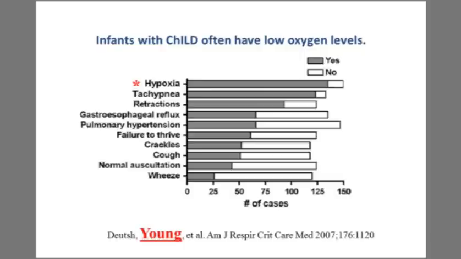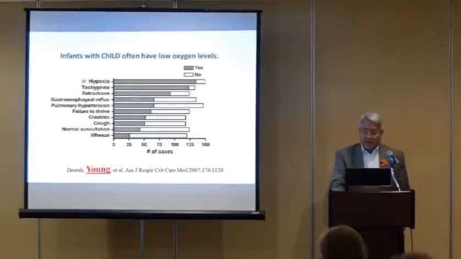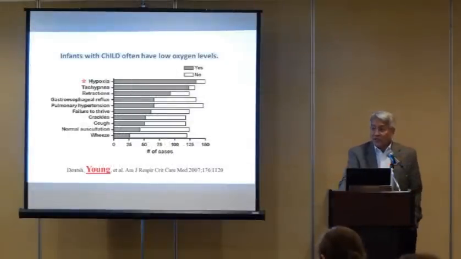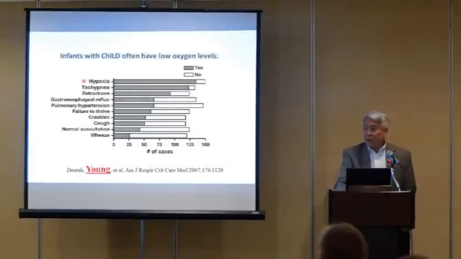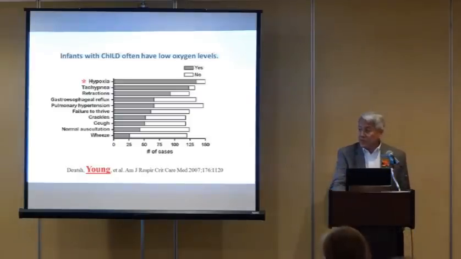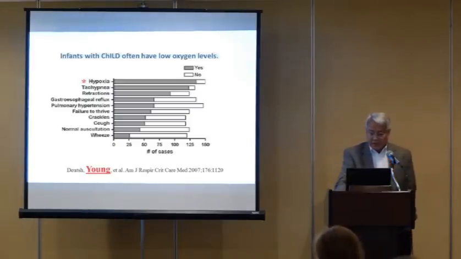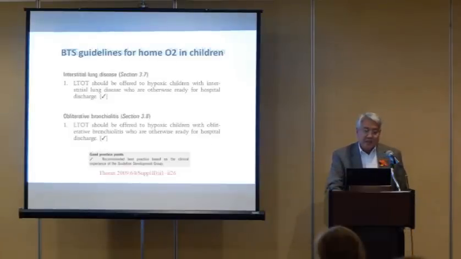So one can see that the most common sign or symptom in patients in the study was hypoxia or hypoxemia, and virtually every patient in this study in which it was tested or recorded had this finding.